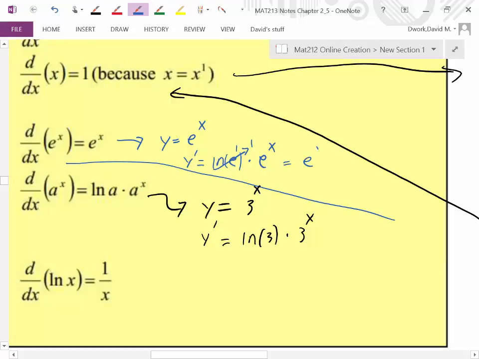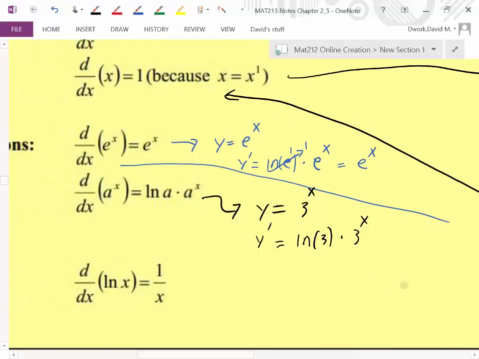So that's why the answer is just e to the x, because it's 1 times e to the x. So when you do the derivative of an exponential function where the base is e, they're just already simplifying for you that the natural log of the base is 1. So you can remember it as 2 rules, you can remember it as 1 rule, however you want to look at it.